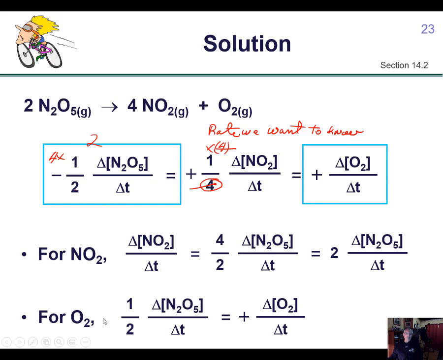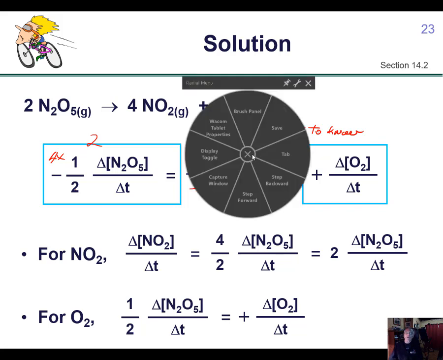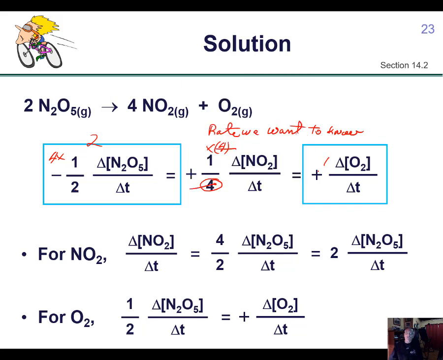And then for oxygen, we're comparing these two. We want to know this rate. Its coefficient is 1. So we're going to multiply both numerators by 1. That's going to be 1 times 1 divided by 2.